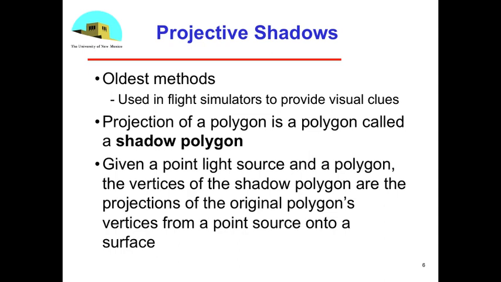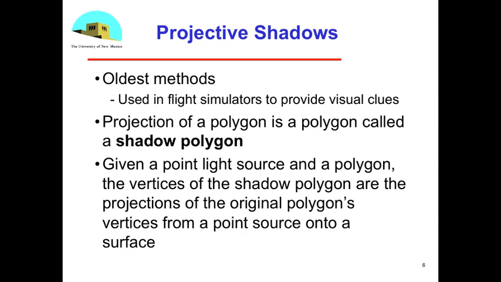Also, the lighting model we're going to be talking about in the next few lectures was partly due to him. Okay, so some of these oldest methods come up, as I said, in flight simulators, where you want those visual cues, but those early flight simulators were basically very simple polygon models that did this kind of pipeline rendering, but with a limited number of polygons.